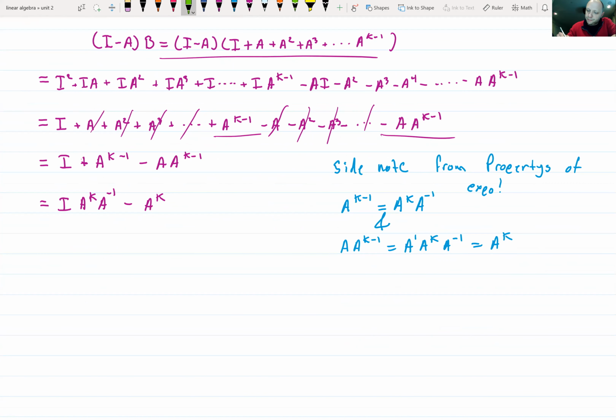Another side note, from properties of nilpotent matrices, A to the K equals 0. So we could sub that back into here and into here. And that's supposed to be a plus, sorry. So this equals I plus 0 minus 0. And that pretty much just solves our proof.